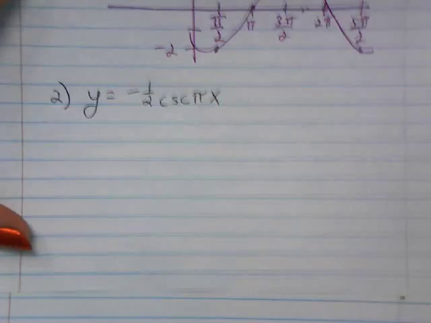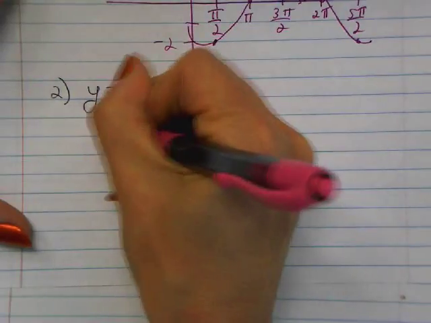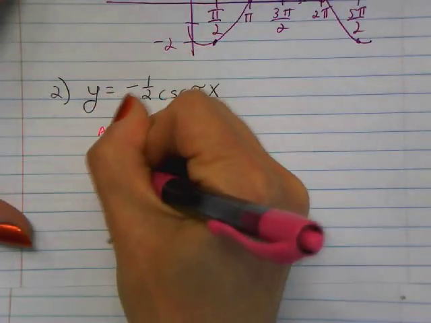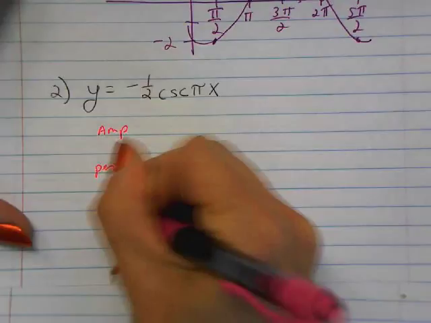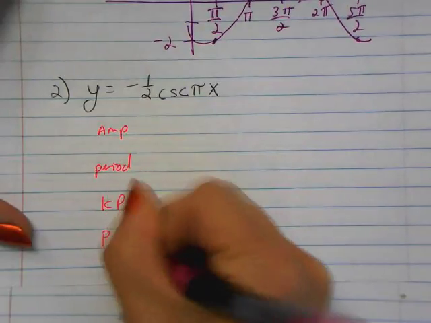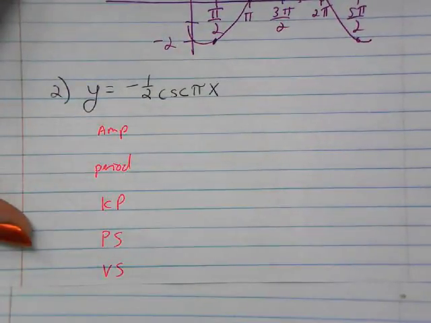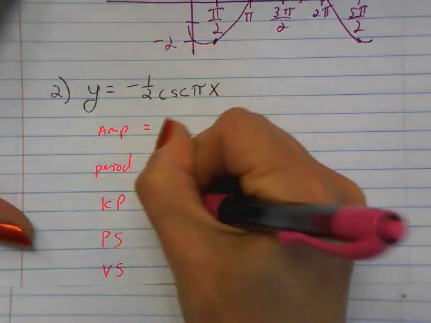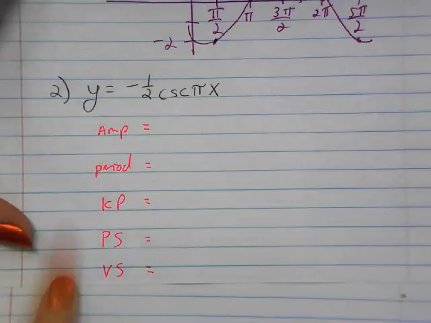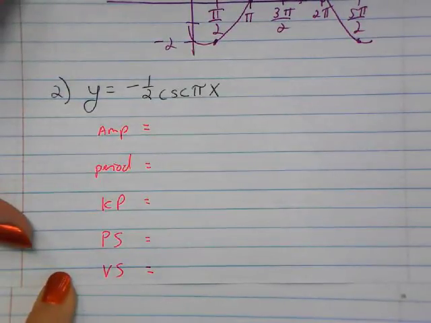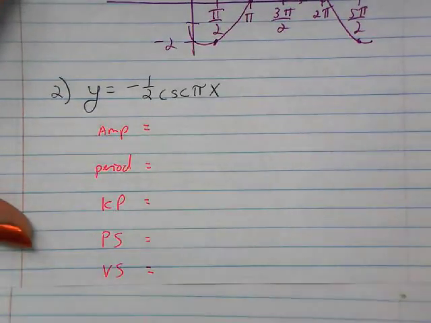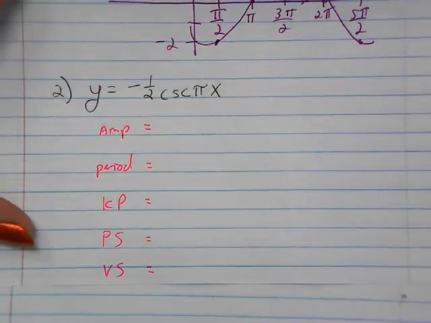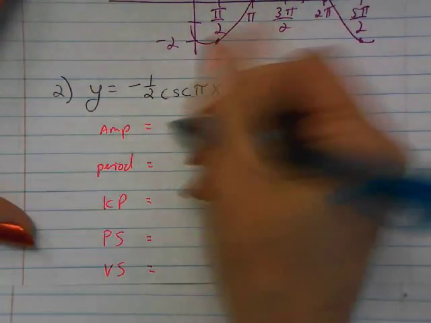Now, again, I need amplitude, period, key point, phase shift, vertical shift. The only ones that don't get this are tangent and cotangent. Everybody else gets this. So let's go ahead and answer it. What is your amplitude? The absolute value.